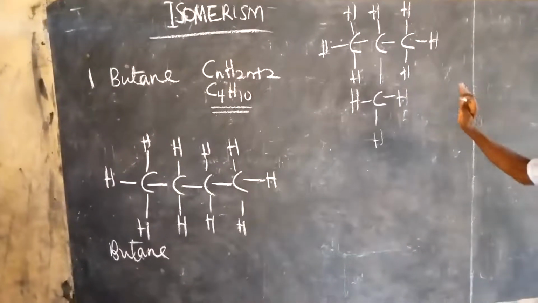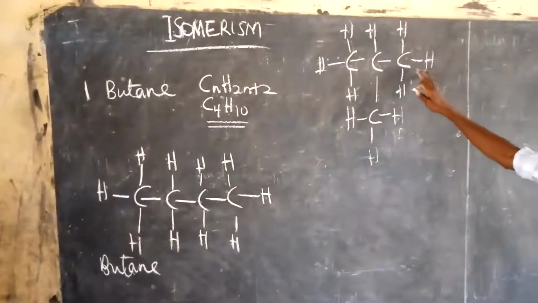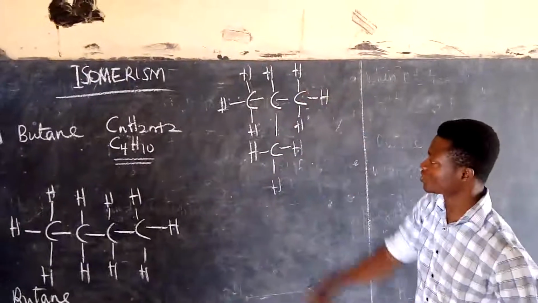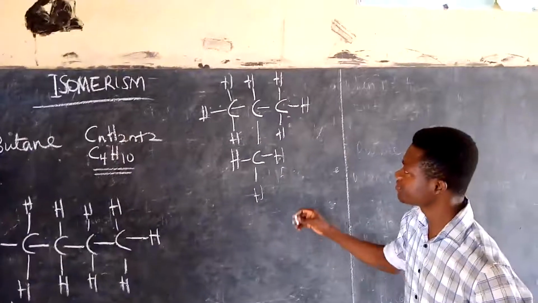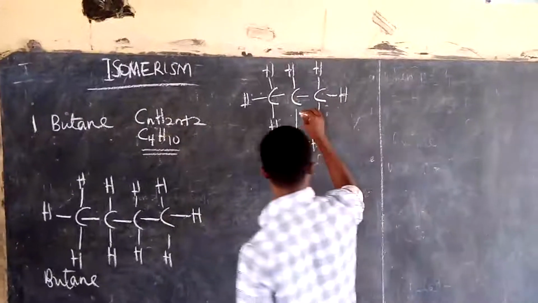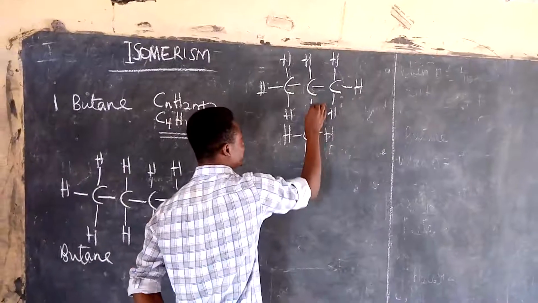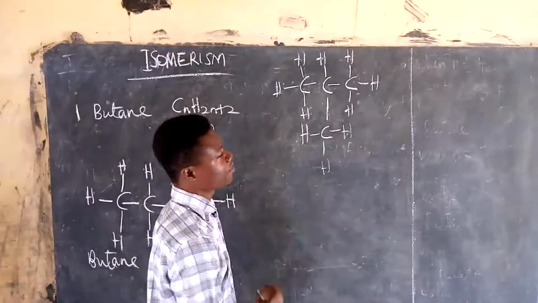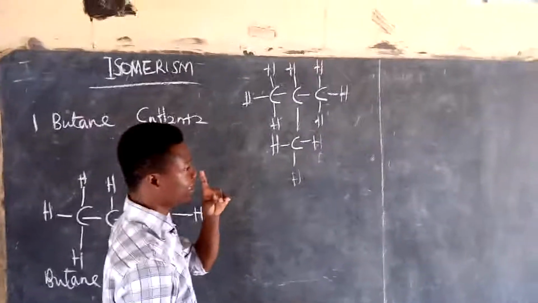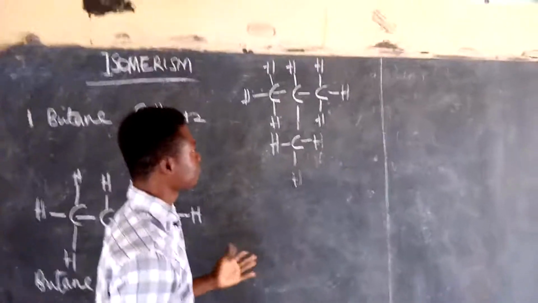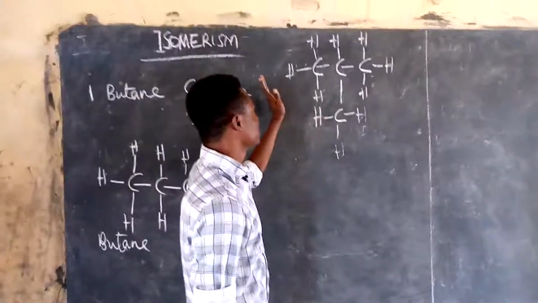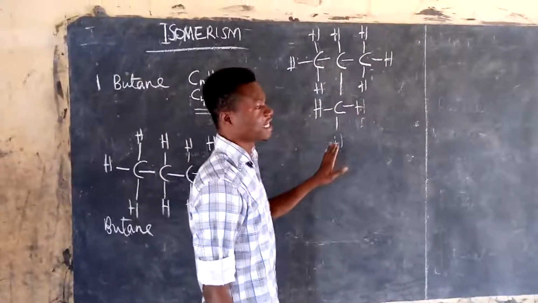So to name this alkane, we consider the carbon to which this branch is connected, counting from left to right or from right to left, the nearest carbon. So counting from the right, 1, 2, it is on the second carbon, counting from the left, 1, 2, on the second carbon.